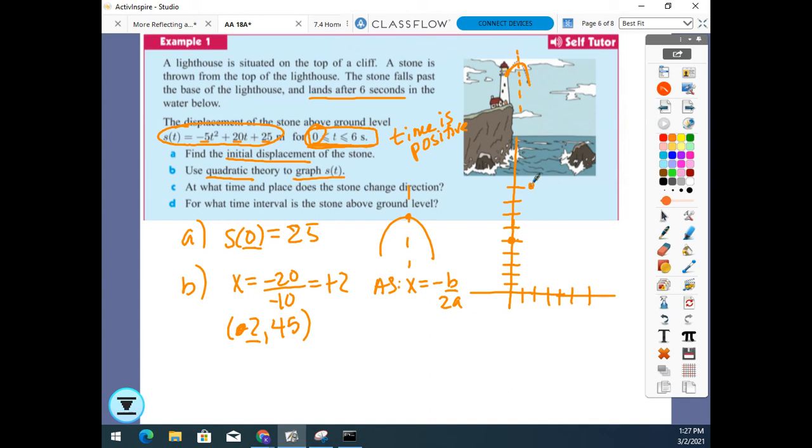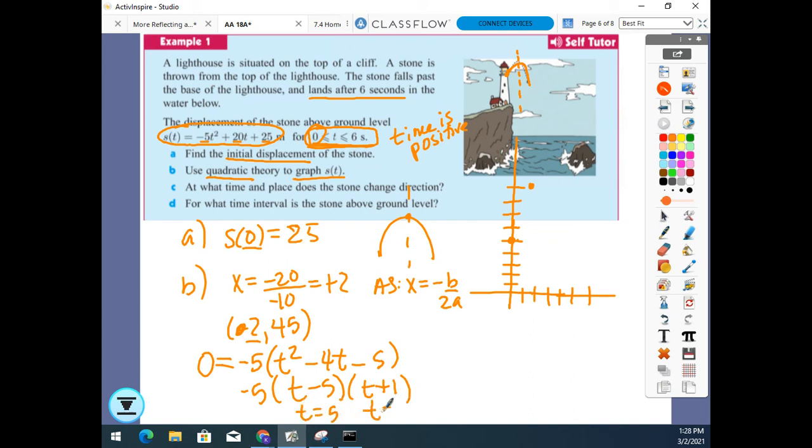I'm going to also find my x-intercepts from my equation. I'm going to factor out negative 5 and divide everything by negative 5, because then this makes this part easier to factor. This negative 5, remember, is what makes it go upside down. T minus 5, t plus 1.